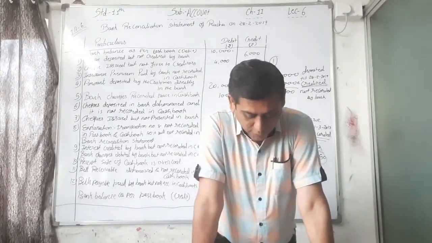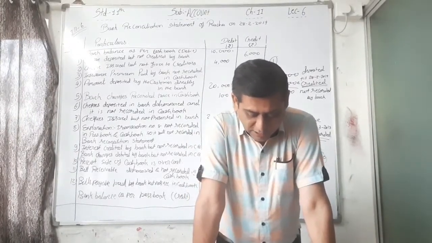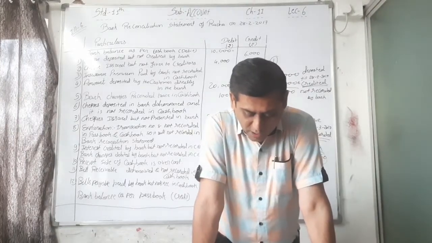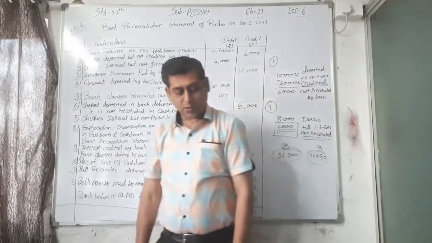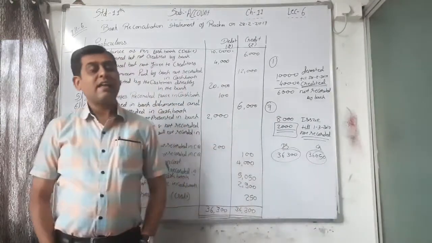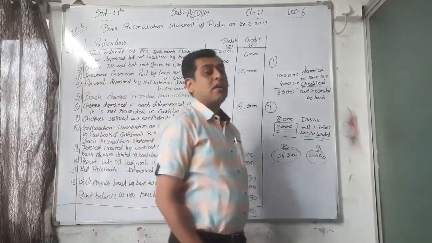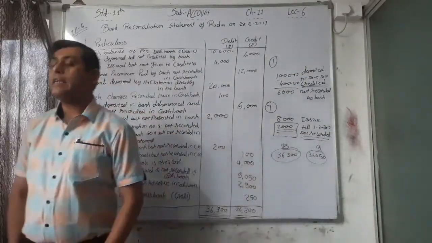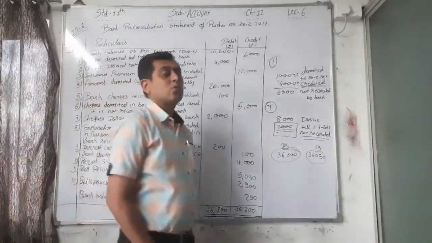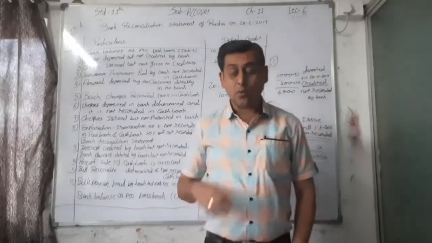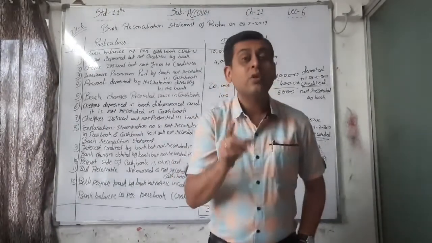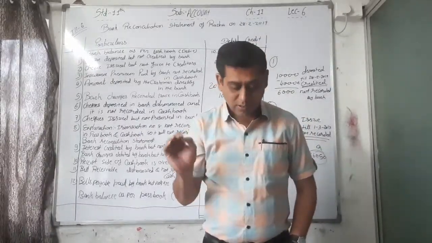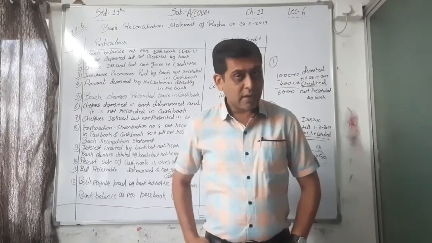Now the 9th point, a check of rupees 1,800 was deposited with the bank which is not recorded in the cash book. Directly here, check deposited but not recorded in the cash book, so write down debit 1,800 near the 9th point.